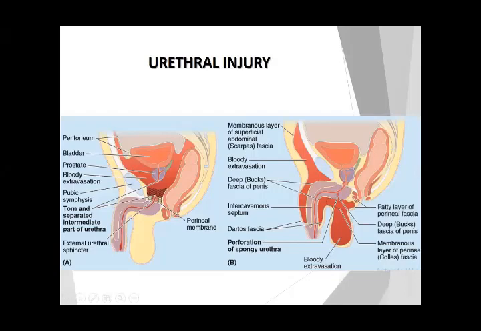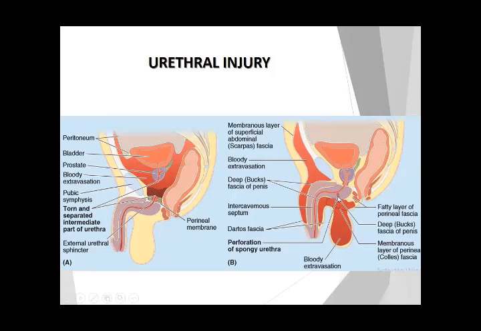Now, what happens? If the urethra gets ruptured over here in the bulb, which is not uncommon, usually from a fall or an injury to the groin, and the urethra ruptures at this point, there is rupture of the spongy urethra or the bulbar urethra.